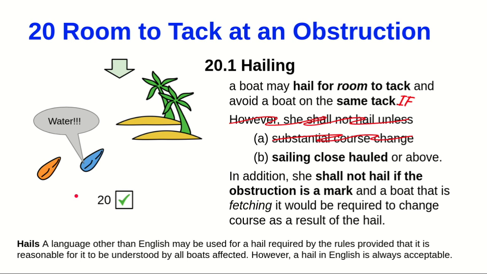A language other than English may be used for a hail required by the rules, provided that it is reasonable for it to be understood by all boats affected. English is always acceptable. So in Australia, at least, hailing water is probably reasonable for it to be understood that it means I want to tack. But I don't actually think that this new text really allows for it because it's in English.